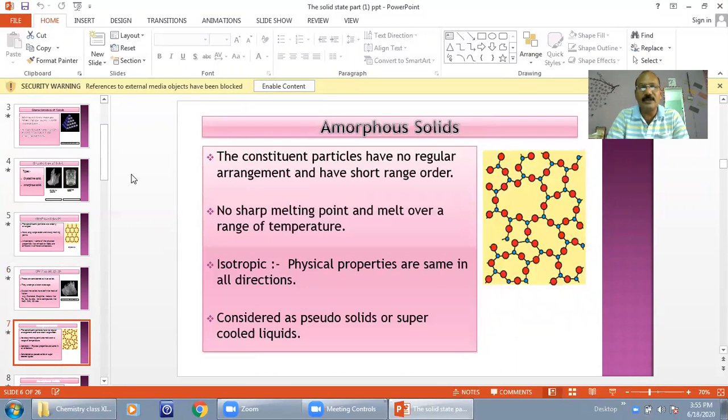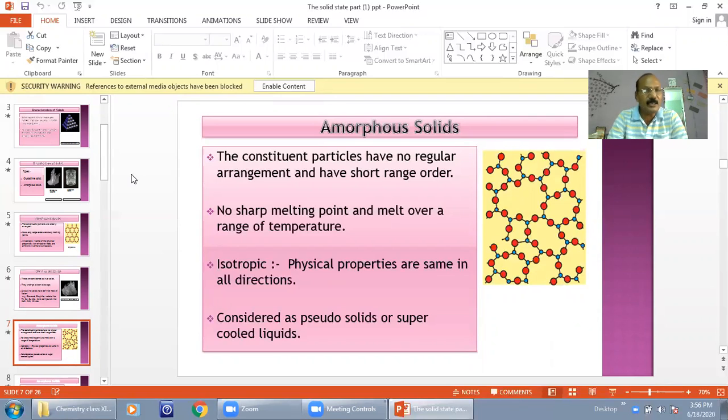Now, amorphous solids. Amorphous solids are those in which the constituent particles have no regular arrangement and have short range order. They have no sharp melting point, but show their melting point in a range. For example, they can show a temperature range like 300 to 320, 400 to 450, like this. They are isotropic in nature.